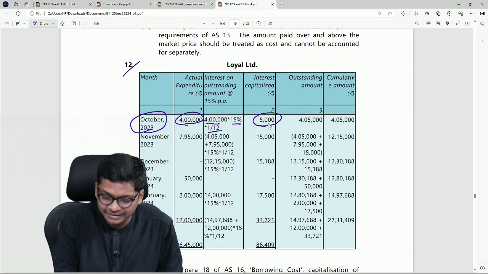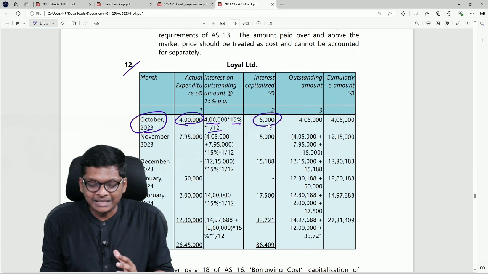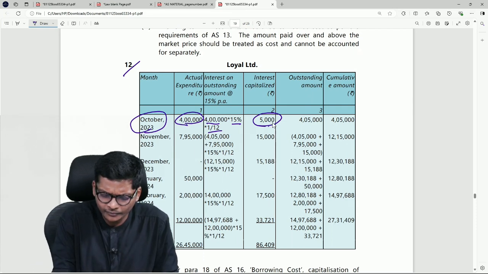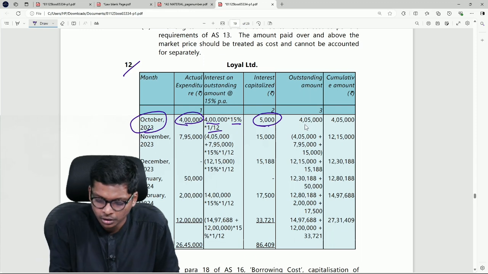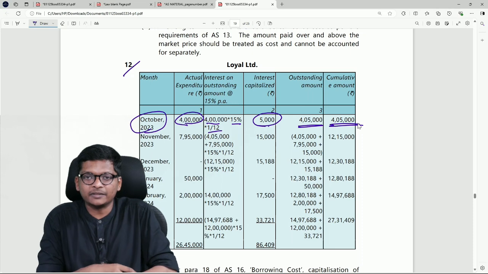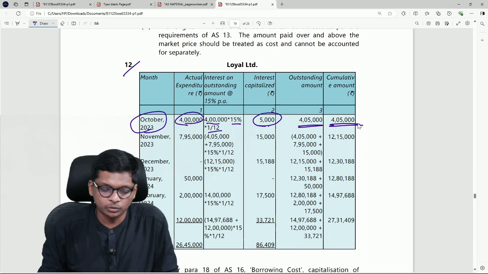So the first month interest is 5,000. The outstanding amount, still not yet paid, is 4 lakhs plus 5,000. 4 lakh 5,000 is payable in the first month. Cumulatively also 4 lakh 5,000.